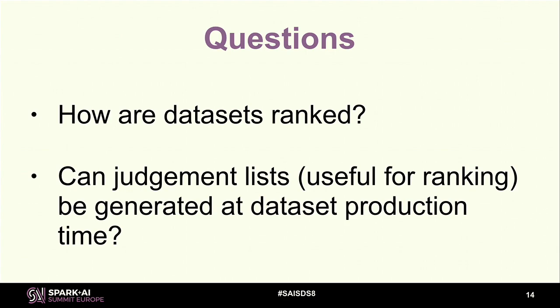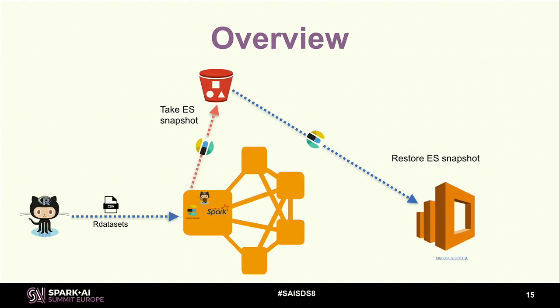The idea is, we're processing and generating data sets on a Spark cluster. Can we extract metadata, or take some useful relevance judgments that can help us bootstrap some sort of ranking for the data sets that we're indexing? That's the general idea. But let's take a look at a pictorial overview, or architecture.